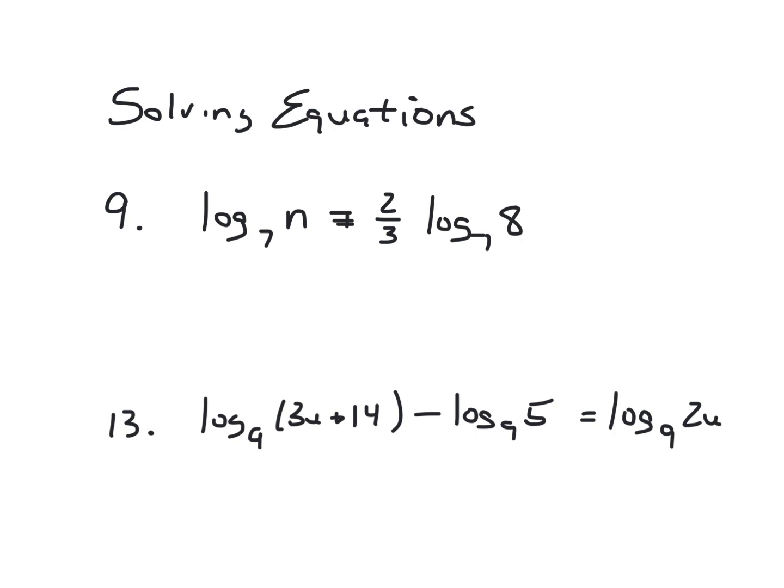So in number 9, this 2/3 could be moved out to the power. That's one of our properties. And then we know that 8 to the 2/3 power, the cube root of 8 is 2, and 2 squared is 4. So that's 4. And now I've got the same base logarithm on both sides, so n would equal 4.